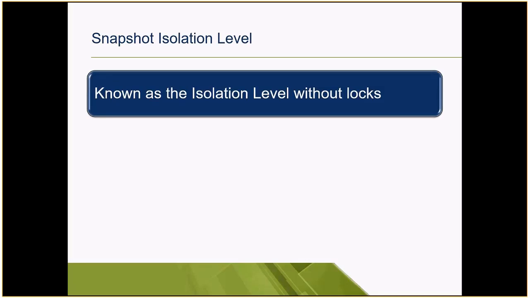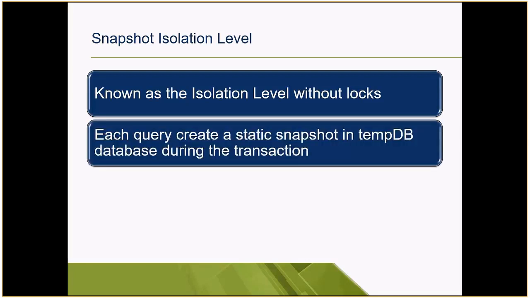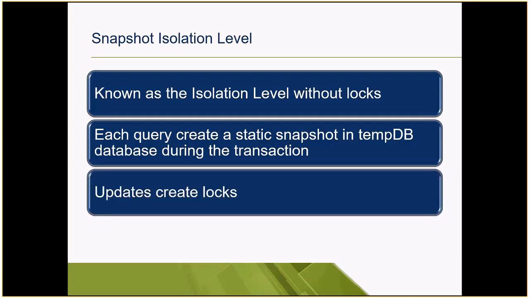Let's talk more about the snapshot isolation level, known as the isolation level without locks. That's the optimistic isolation levels at all. Each query creates a static snapshot in the TempDB database during the transaction. Updates still create locks, but the update locks will not block selects.